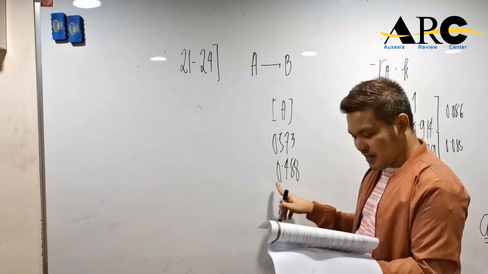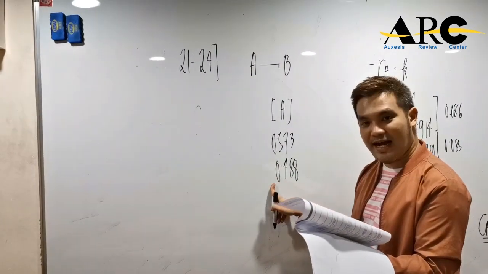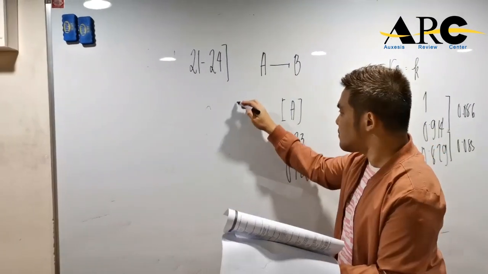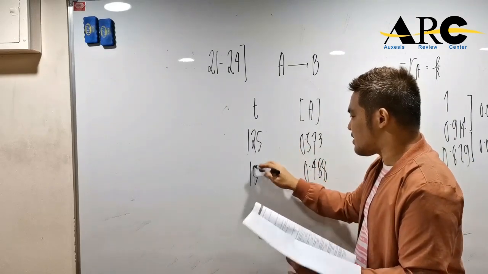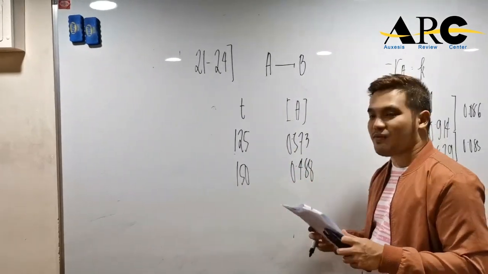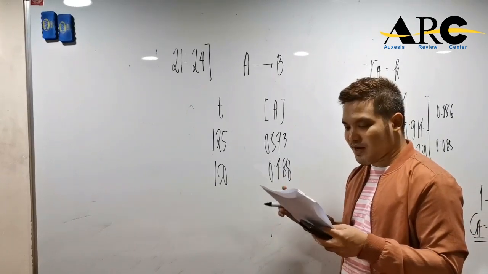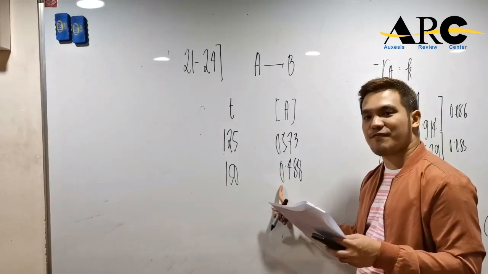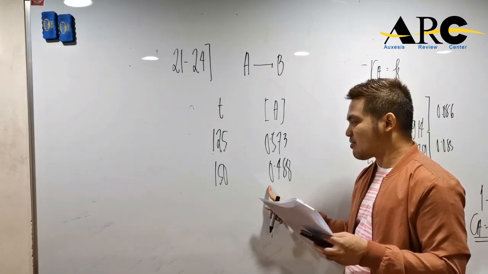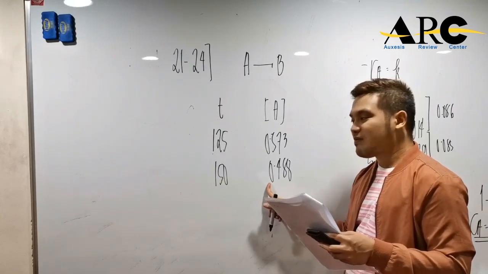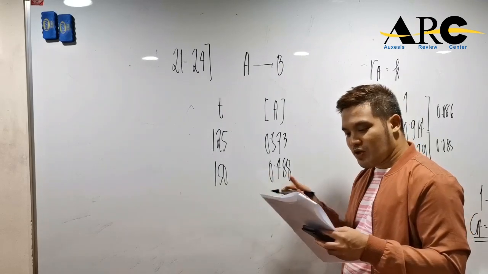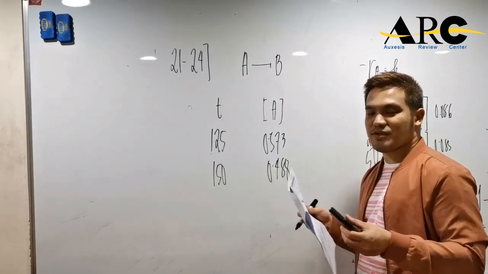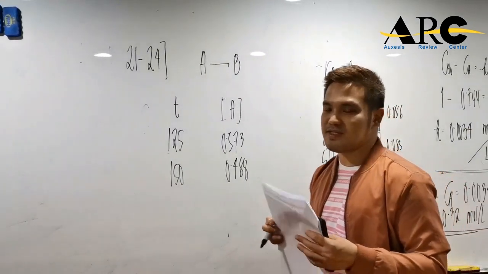Di ba si 0.488, malapit yan kay half-life na 0.5. Ayan yung concentration kapag ang time natin is 150. Ibig sabihin yung answer dito malapit sa 150, or dapat mas mababa sa 150, kasi 0.5 and then 0.488. Obvious dito na ang answer is letter D, 147 seconds.